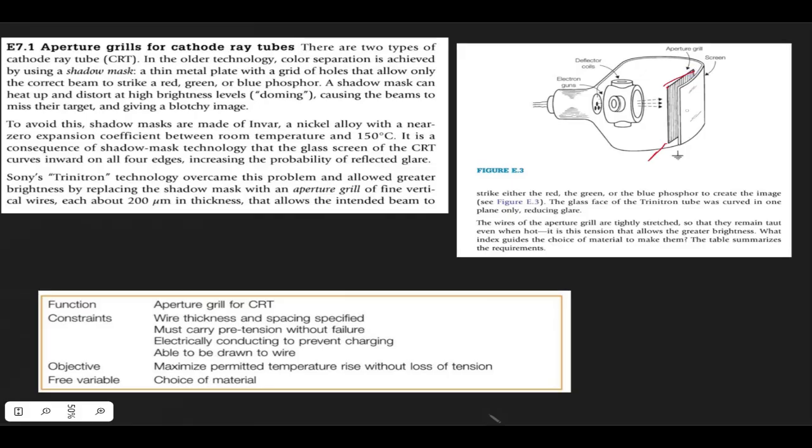It has a series of wires that have been pre-stressed, like the material has been extended. Some kind of tension has been put on this material. So once you put tension on any material, it has to undergo some kind of stress, some kind of strain, some extension. So this material has already been pre-stressed and some extension has been induced.